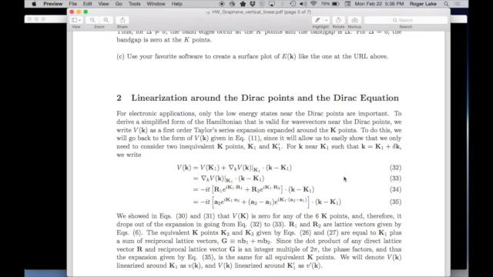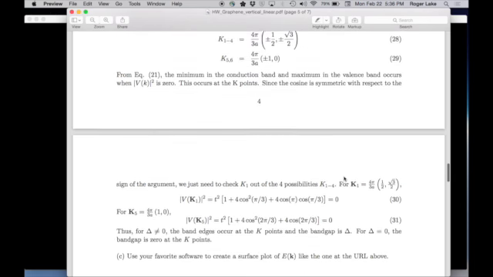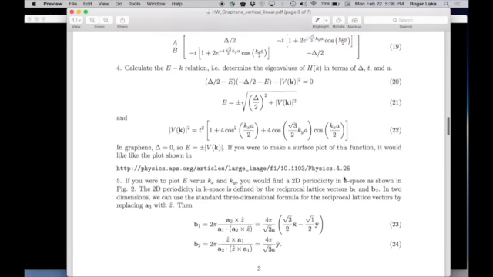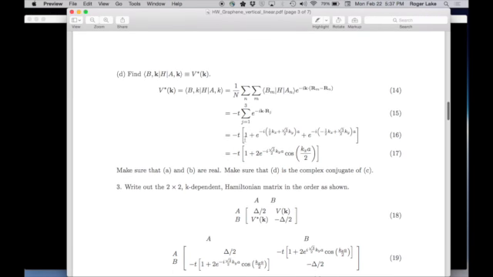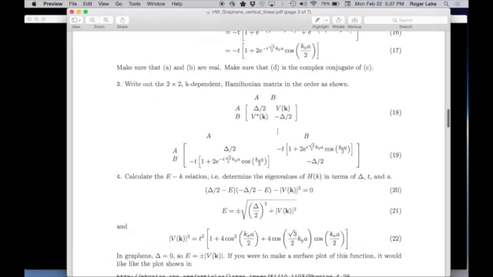It's this linearization of the Dirac equation, or of this, what you just derived. And so if you go back and look at the Hamiltonian, the final, that 2x2 Hamiltonian, it's pretty simple. This is it. Equation 18, that's what you did. And you know exactly the form of V. You can write it like this, or you can even go back and write it as a sum of exponentials.